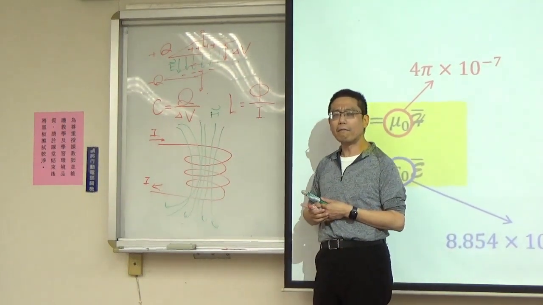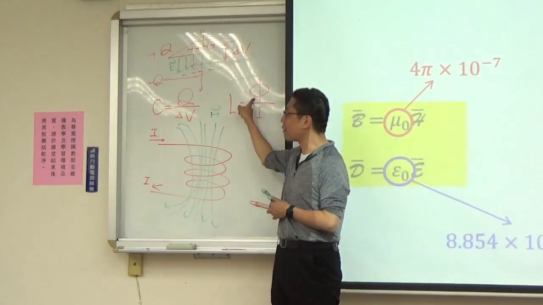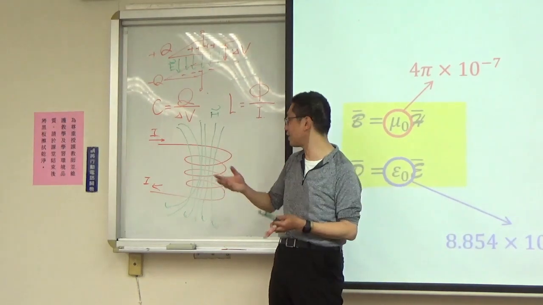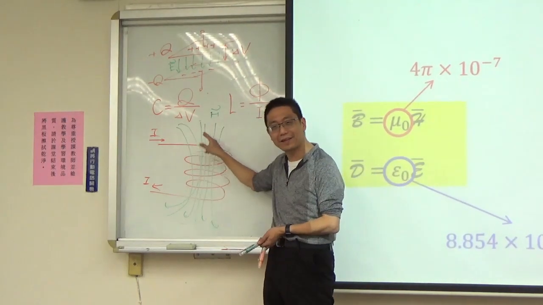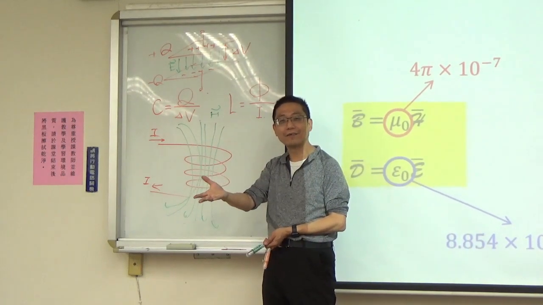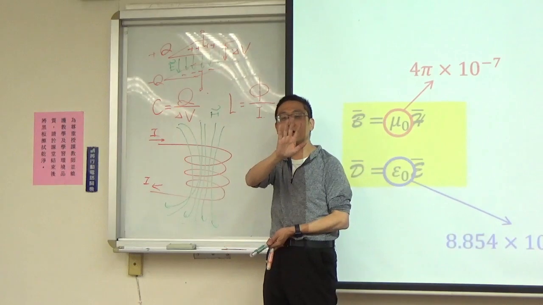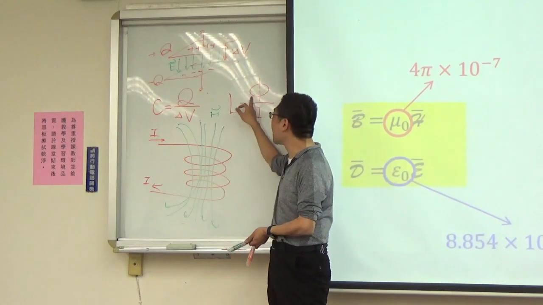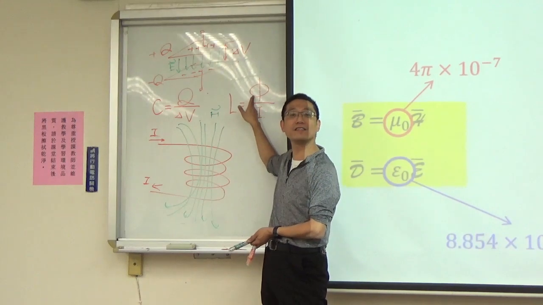Okay. What is flux density? How can I count how many green lines here? I don't know. No, I'm sorry, correction. I need to correct. How can you count the magnetic flux?